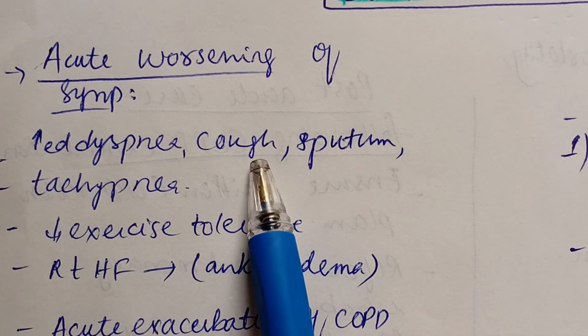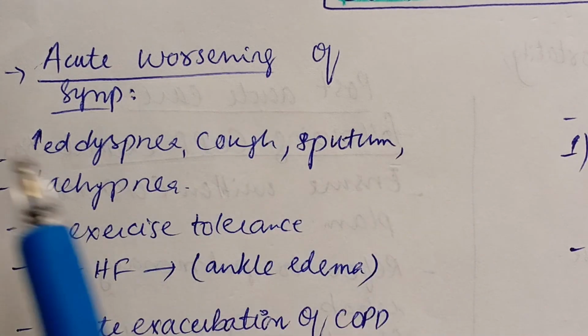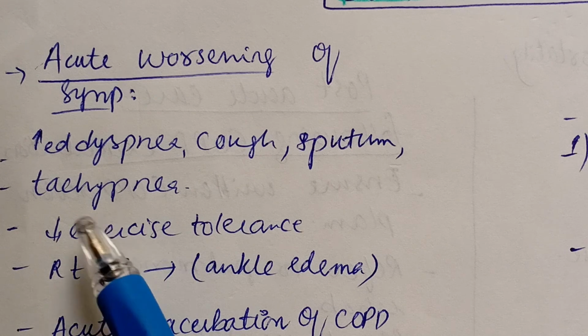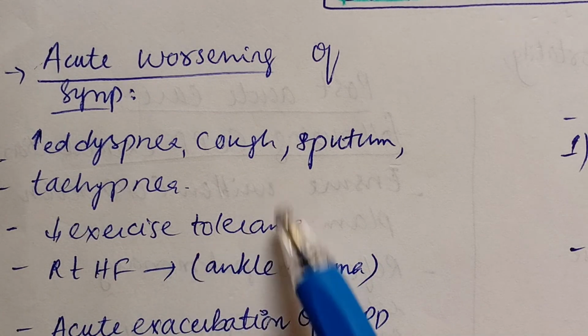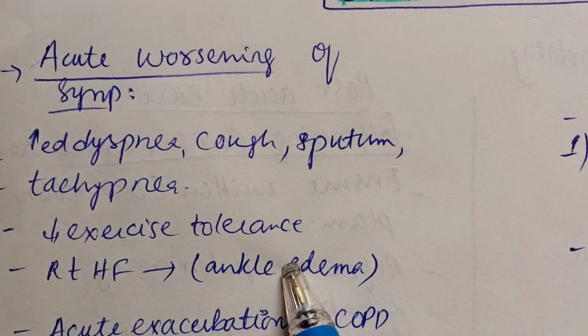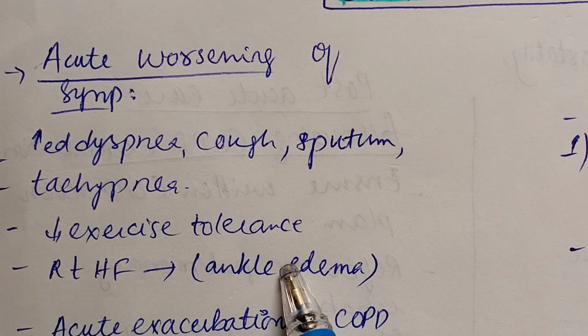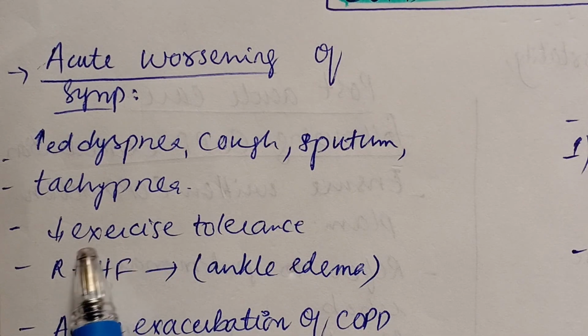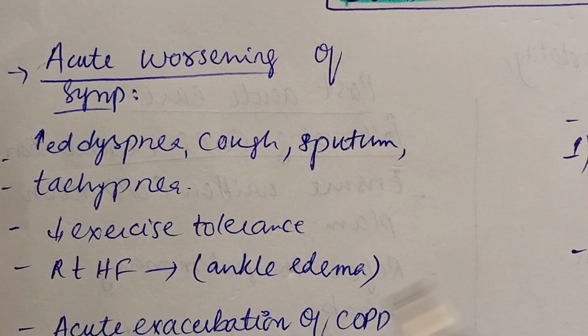There would be increased frequency of cough, sputum is increasing in volume, and respiratory rate is increased, that is tachypnea. The exercise tolerance is decreased in that patient. He is not able to do any routine work, or he is not able to walk a certain distance. So the exercise tolerance is decreasing in COPD exacerbation.